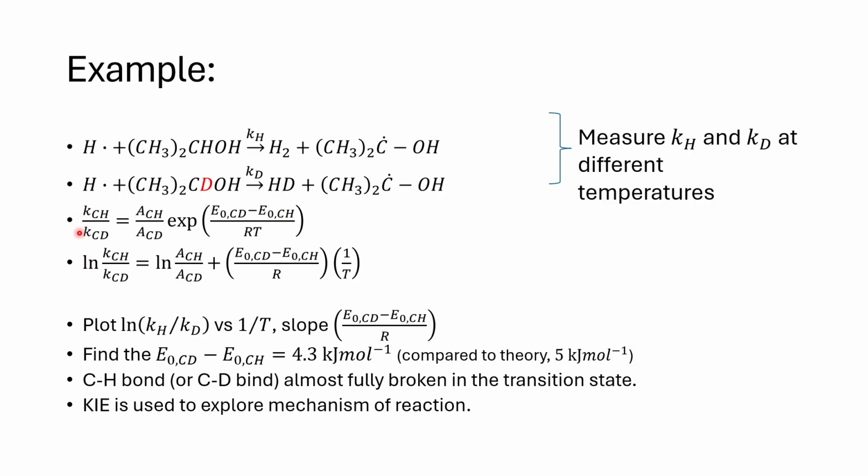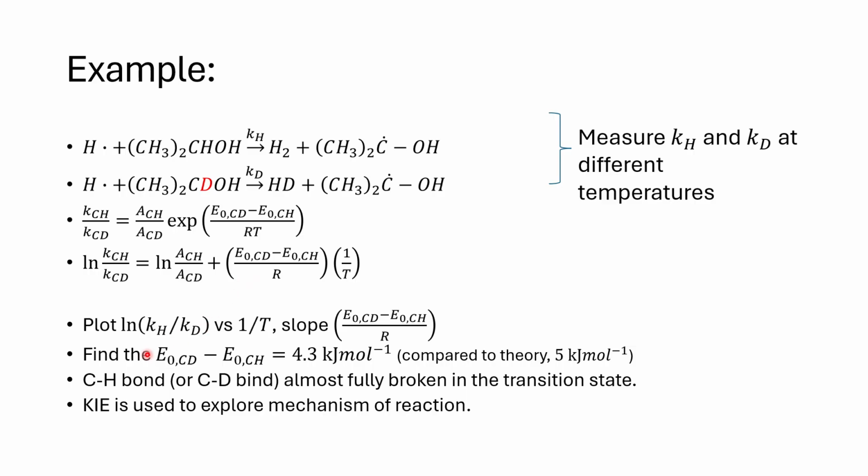So we have these equations which you have seen in the previous slide. We take the natural logarithm across the equations. After that, we plot the graph of ln kCH over kCD versus 1 over T. By having this plot here, it allows us to determine the value of the zero-point energy difference from the slope of this plot.